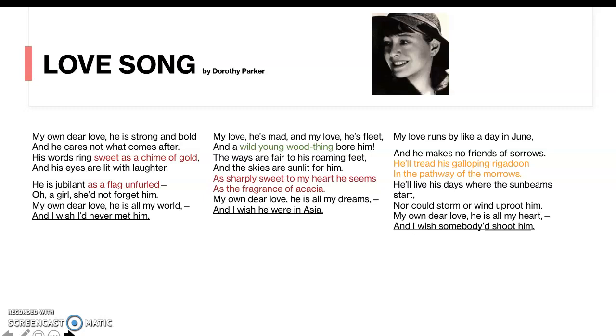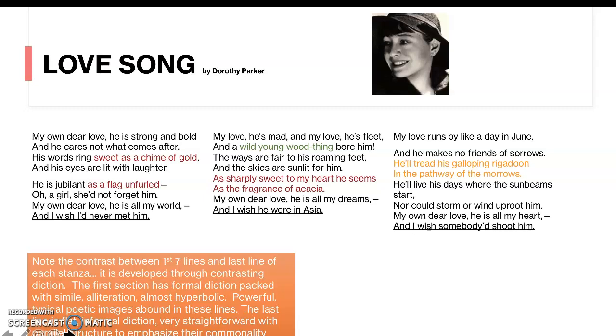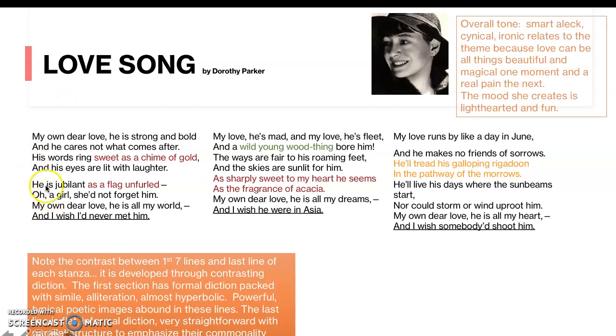So this one probably made you smile. And what probably made you smile was the contrast that you get between the first section of every stanza and that last line. So in each stanza, you've got that contrast with this very formal diction.